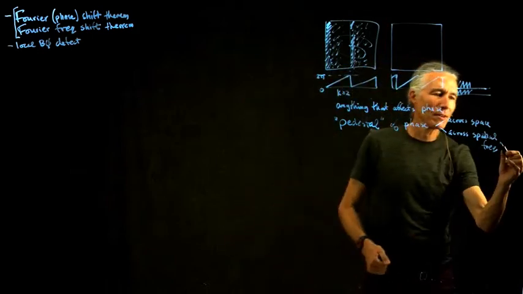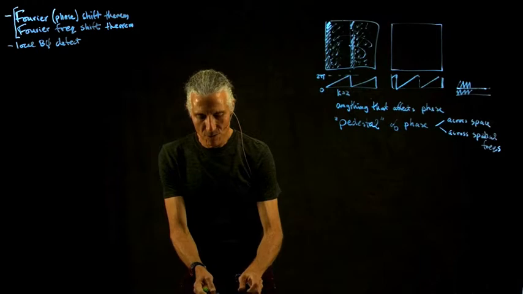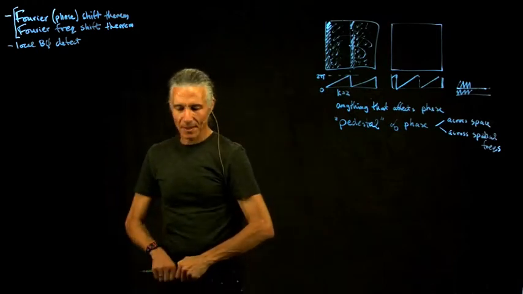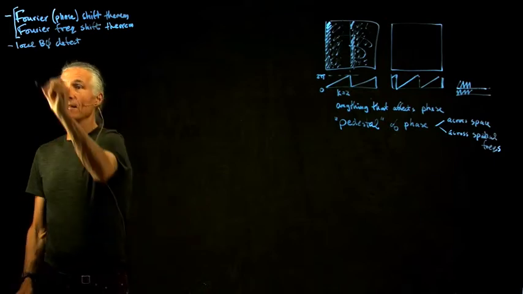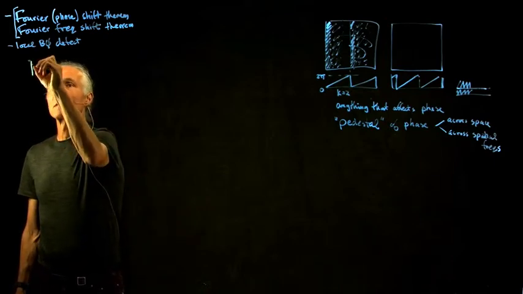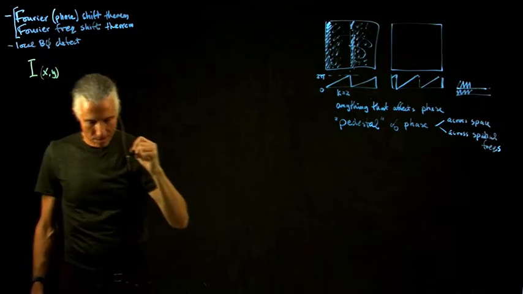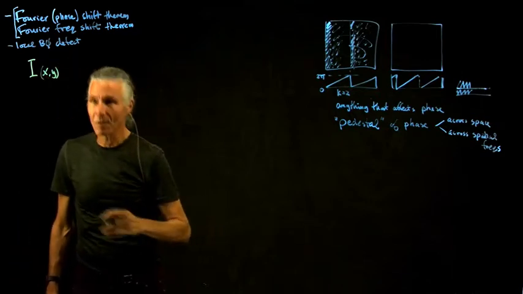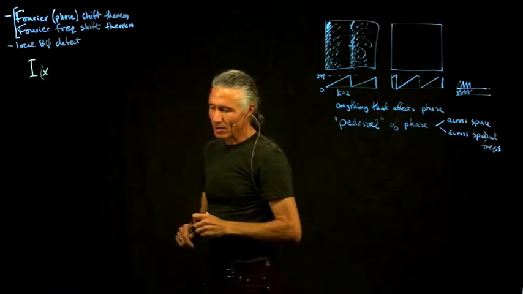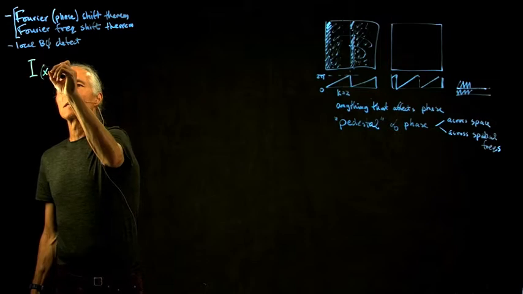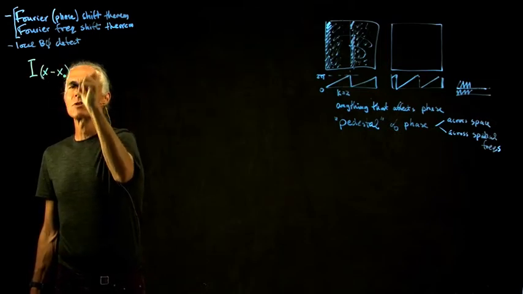And so now what we want to figure out is, what does that actually do to our reconstruction? It turns out that here's our image. Let's just do it in one dimension, image X, and it turns out it introduces a spatial shift.